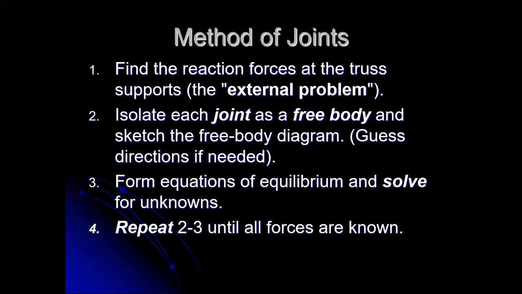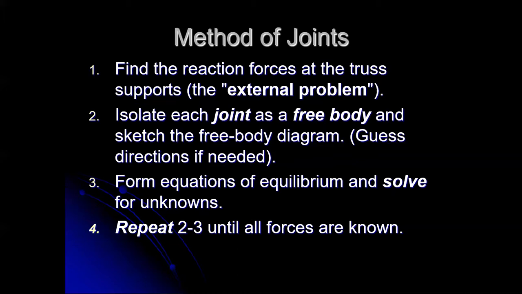This is an iterative process, so it's something that we are going to have to repeat several times to solve everything. Last time I gave you a basic rule of thumb that says that if you have n joints in the problem, n pins holding the structure together, you're going to have to do steps 2 and 3 n minus 1 times. So if you've got 4 joints in the truss, you're going to have to do 3 free body diagrams.